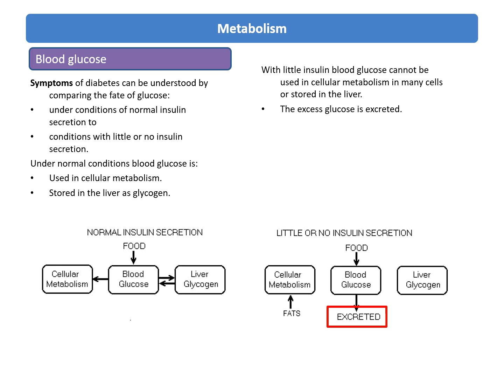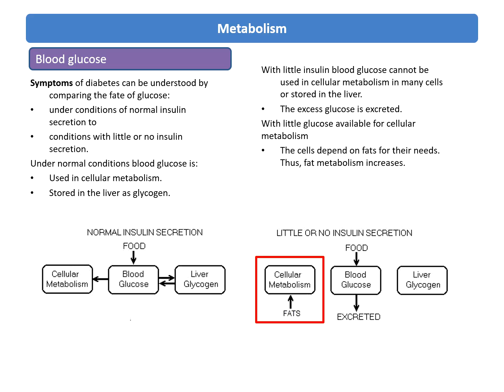So what happens? The excess glucose is excreted. In addition to that, because little glucose is available for cellular metabolism, fats supply the energy for metabolism. So there's a decrease of glucose production and an increase in fat production.